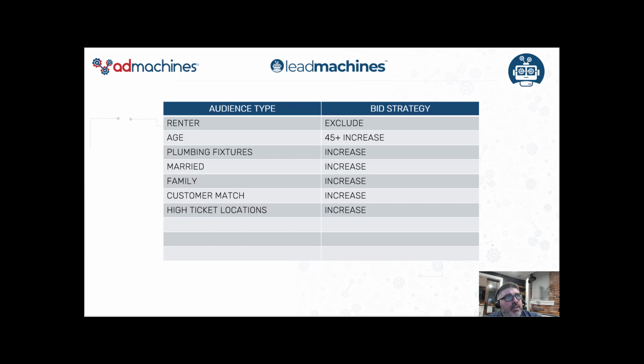That is a good list to spend a little bit more with your bid strategy. And then we want to look at high ticket locations. Historically, if you go through your database and figure out which locations have generated the most revenue, then we can spend more in those zip codes. So there you have it. Those are some fundamental strategies in play.